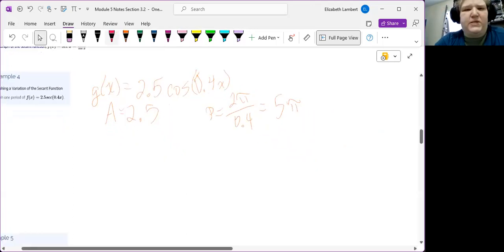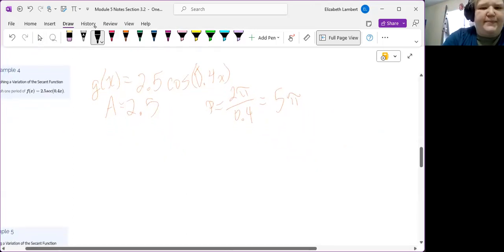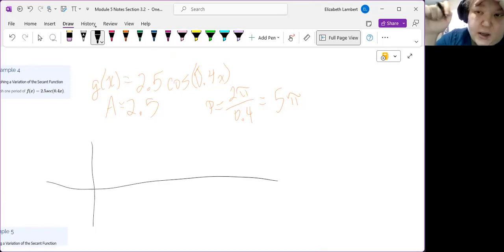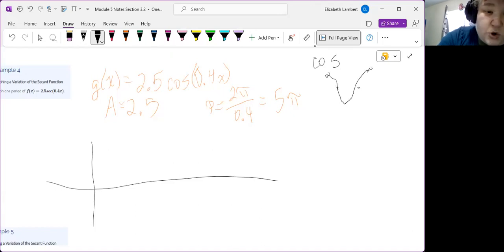All right. So let's see if we can graph the cosine from that, and then we'll go back and sketch the secant in from that. Okay, so we're not shifting left or right, we're not shifting up or down. So our cosine graph, remember, just the basic cosine shape is like this. Normally it would start at 1, but we have an a value.